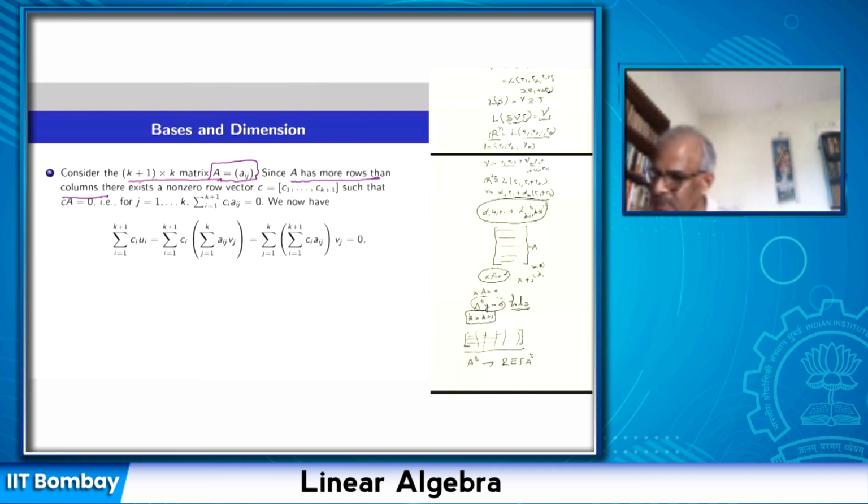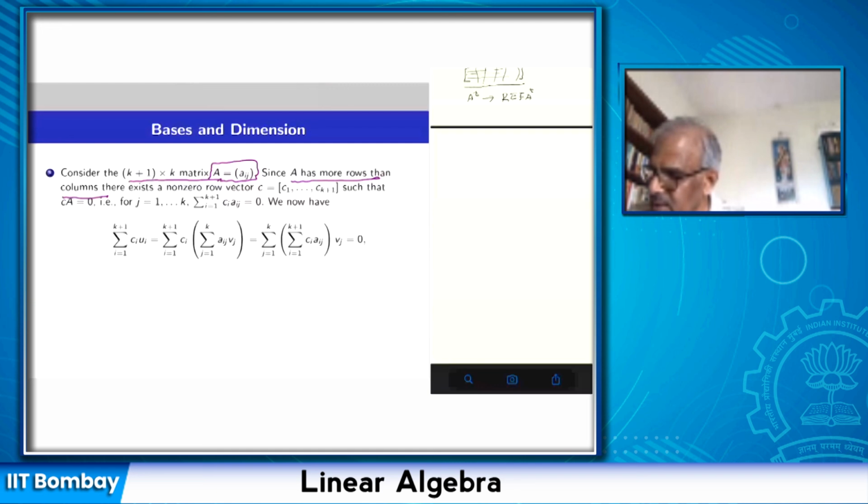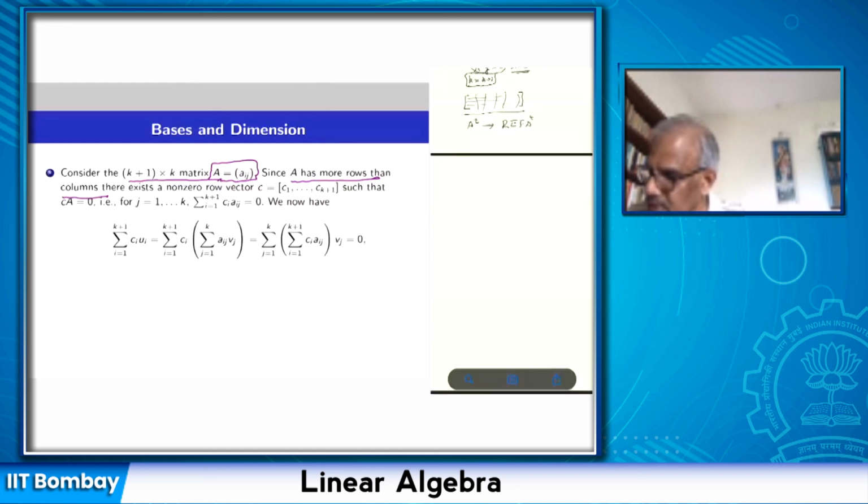Once it has a non-trivial solution, I can just look at A transpose and take its transpose, so that this is equal to 0. So this is my vector x, or we can call it vector c, so that cA equal to 0.